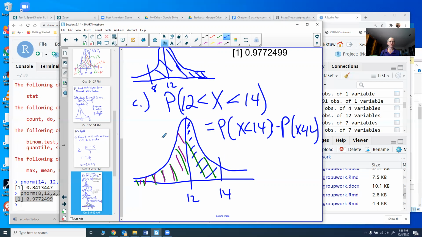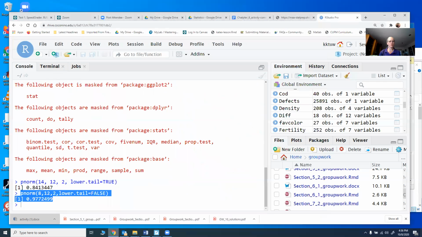That part I want to take away. This part right here I want to have go away. So I'm going to subtract these two, and then I go and use RStudio again. Both of these are less than, so they're both lower tail is true, but we still have to subtract them. The nice thing is that you can do that straight in RStudio just like that. So we can go back over here. We do p-norm.